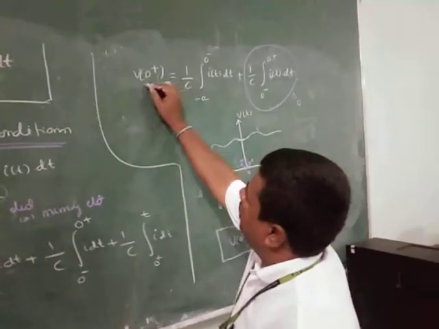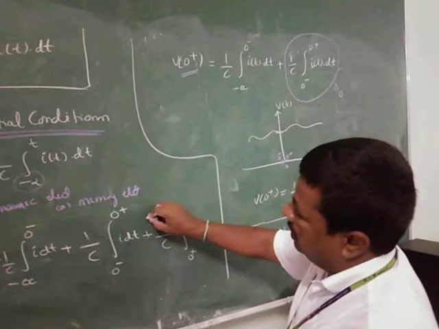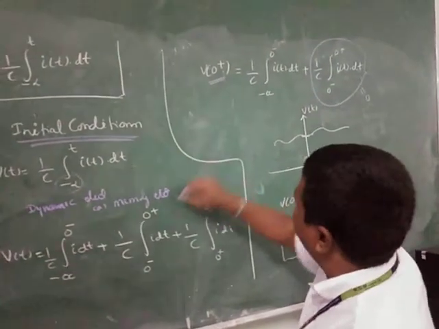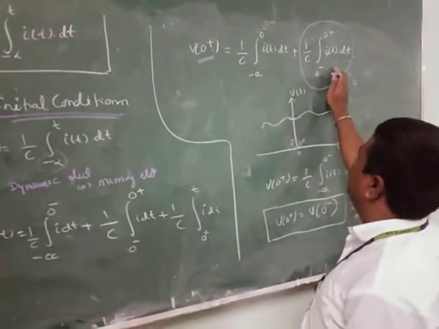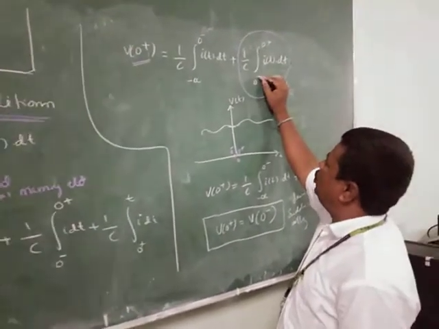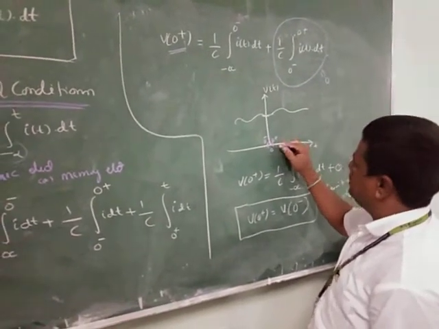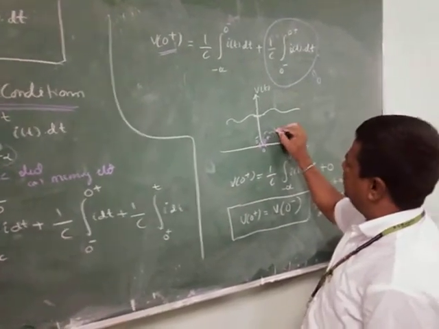Now I want to calculate V of 0 plus. Based on this equation, V of 0 plus is written in two forms. Now coming to this one, 1 by C integral from 0 minus to 0 plus. This interval from 0 minus to 0 plus is very small, so this area is very small.